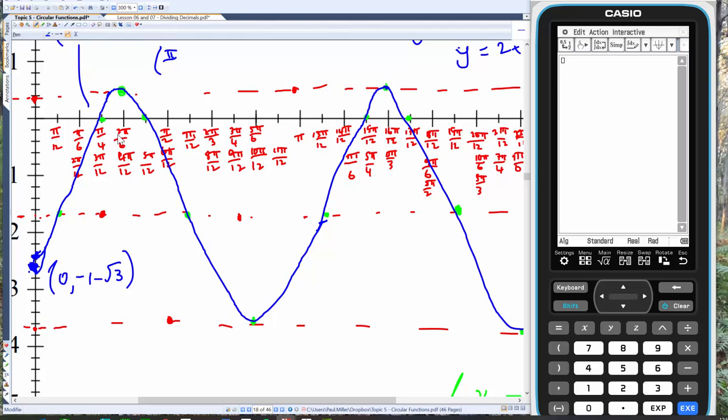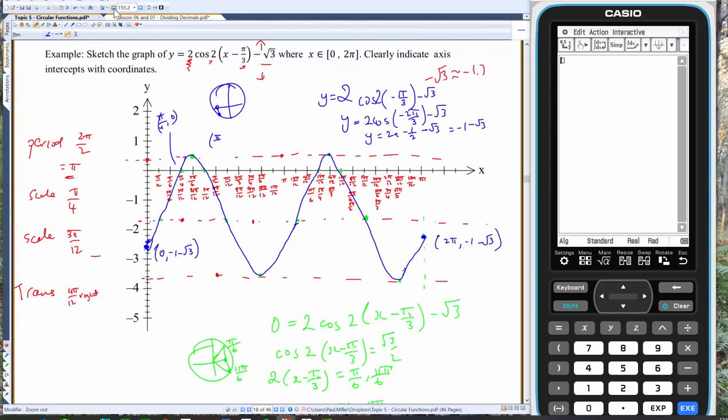I wrote that as 2 pi on 6. That's smart. That's pi on 3. So pi on 3, comma. Now this value here is the mean line, which is negative root 3 plus whatever the amplitude is. So negative root 3, which is roughly negative 1.7, plus that 2 on top of it. All right, now that's that point there.